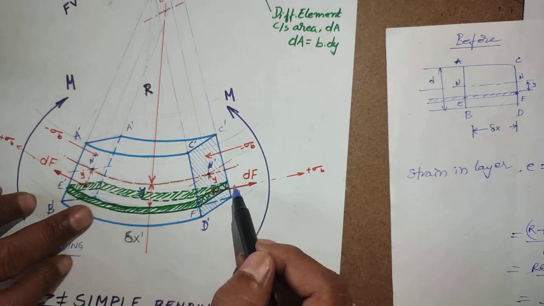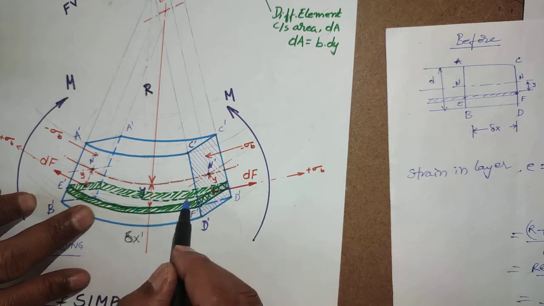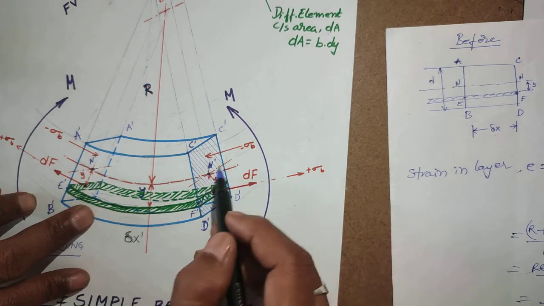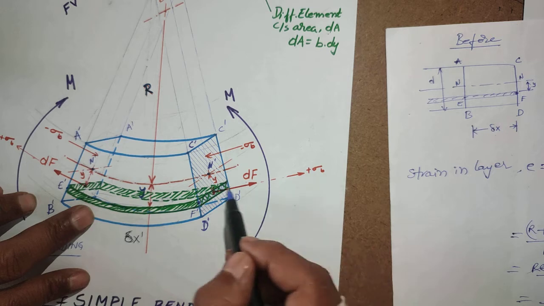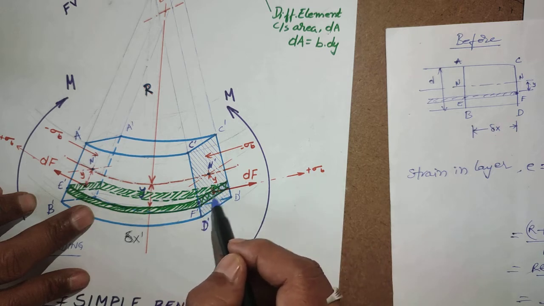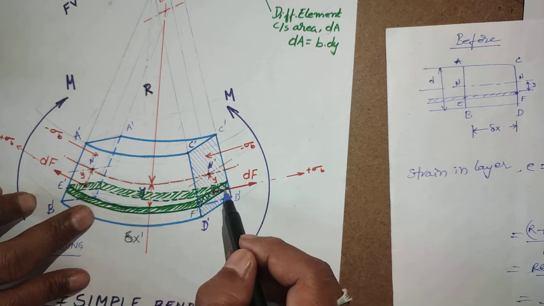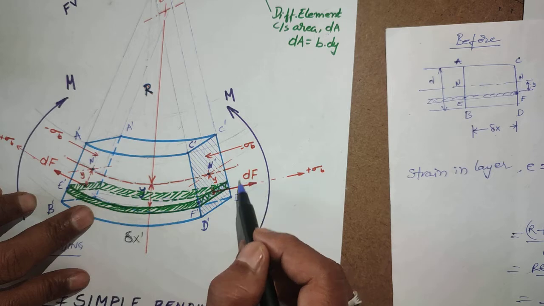So what is dF? Force is equivalent to stress into area. This is the stress, bending stress, positive bending stress. This is negative bending stress. This bending stress over this layer of cross section: stress is equivalent to force divided by this cross section area. Now we want to calculate this dF.